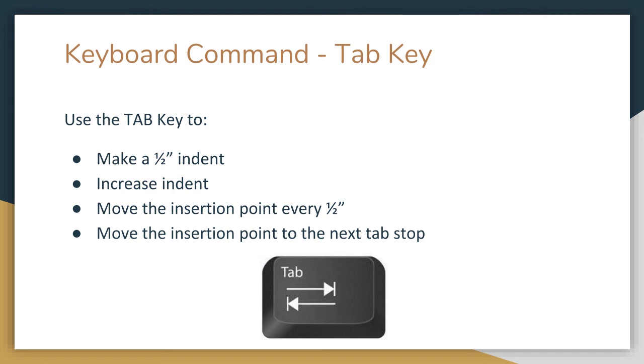If you keep pushing it, it'll increase that indent by ½ inch increments. You can move the insertion point every ½ inch, or you can move the insertion point to the next tab stop. Again, we're not going to talk about tab stops, but just know that you can use the tab key to do that.